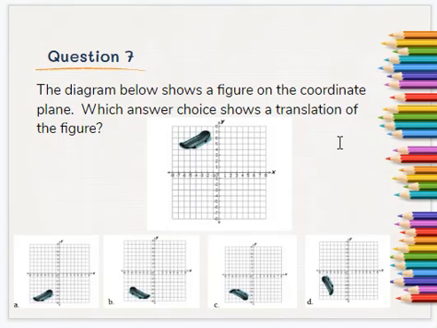Does it get reflected, sort of like what you see in a mirror? Does it get bigger or smaller? Or are we just moving it up and down, or right and left? So your 4 options: choice A, choice B, choice C, choice D.